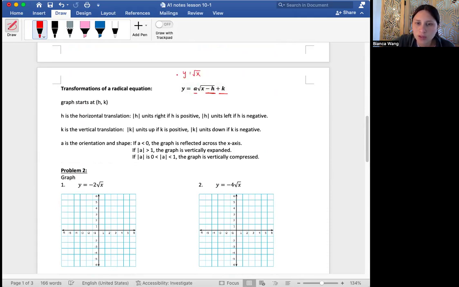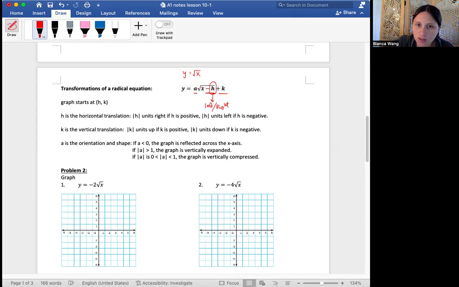Well, what's different between these 2 equations? We've got a minus h, we've got a plus k, and we've got a times a, all in this equation. And each part of these variables means something. So the first part is the h. This basically tells us if it's going left or right. So if the h is positive, so that's not including the subtraction sign, that's only looking at the h.